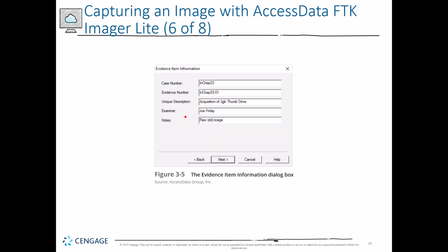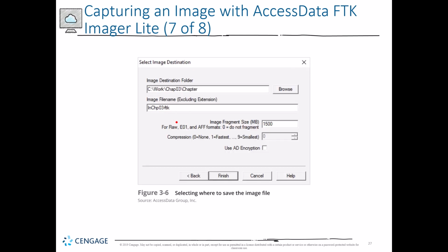Then when we are done, we click Next. We give it a case number, an evidence case number for working with multiple pieces of evidence or multiple artifacts, a unique description, who's doing the work, and if there are any notes. That way, as we're generating a report for our acquisition, we can have all of this already in there. Then we want to give it the destination, and we want to name the image file.